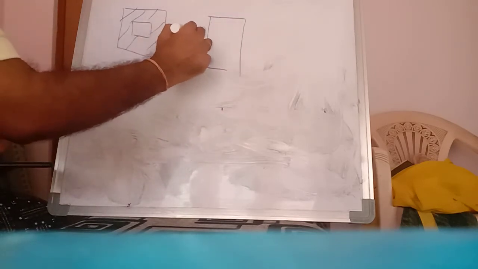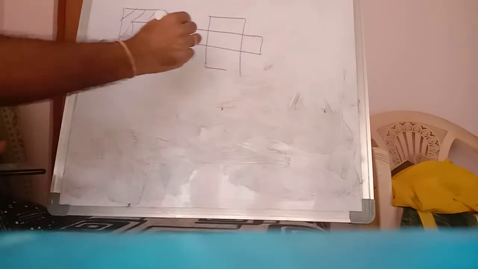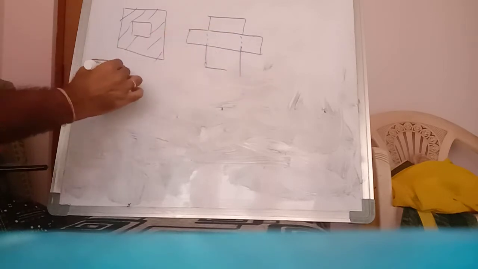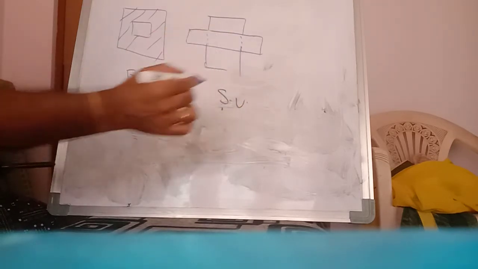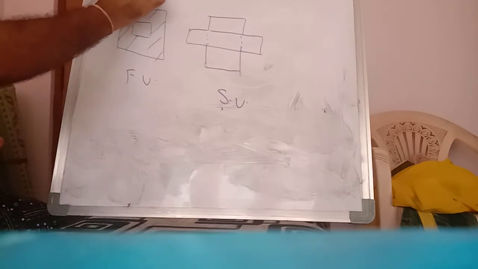In that square hole there is a square rod. This one is the front view and this one is the side view. So it comes under completely constrained motion.